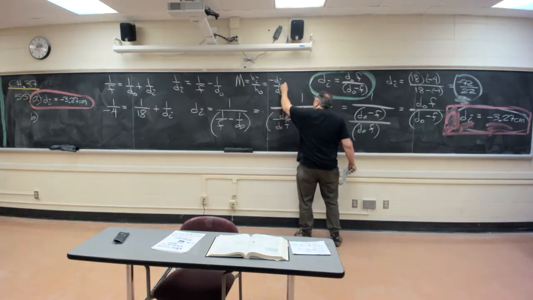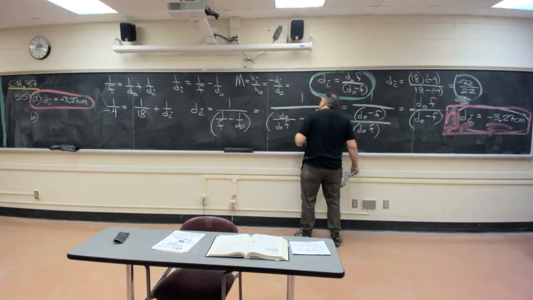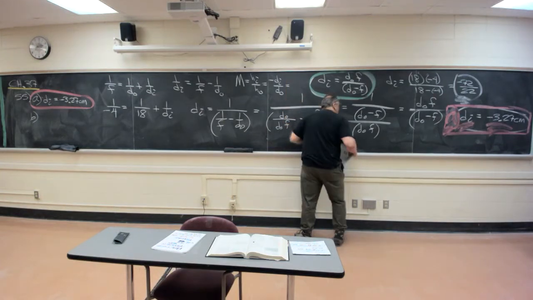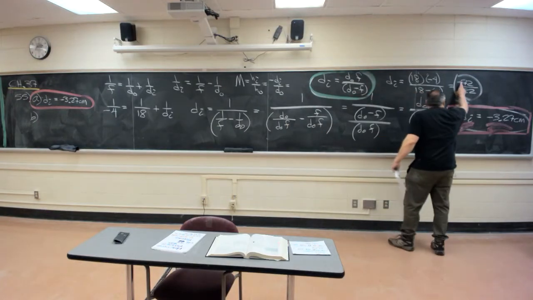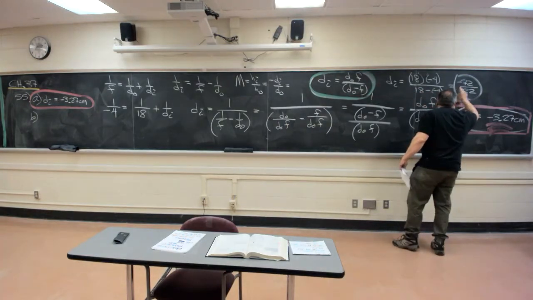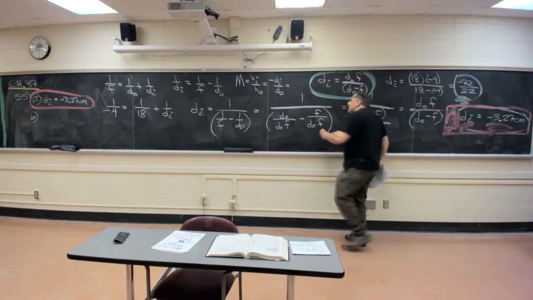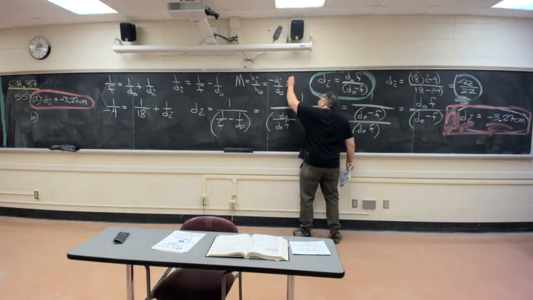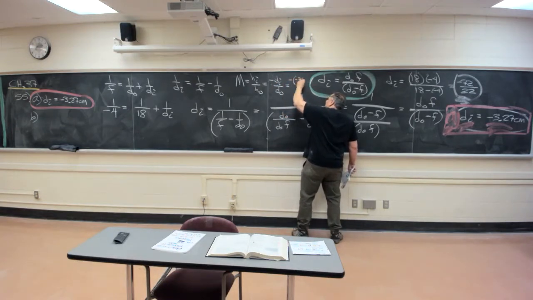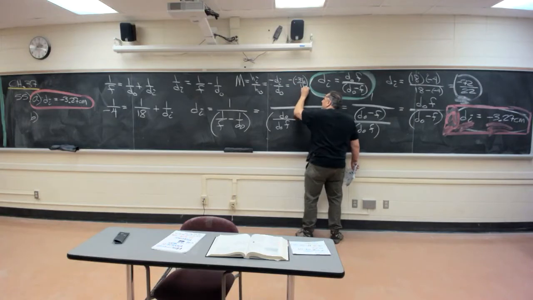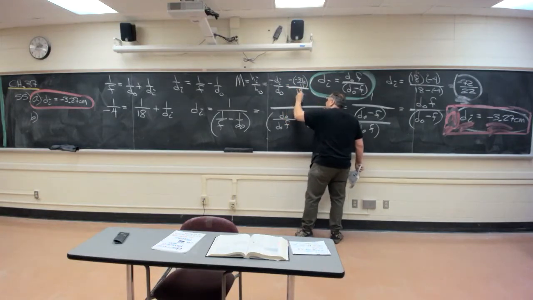That is negative 3.27, or negative 72 over 22. Multiply by 1/2 on top and bottom, it's negative 36 over 11. So it's negative di, the negative of a negative 36 over 11, and do is 18.